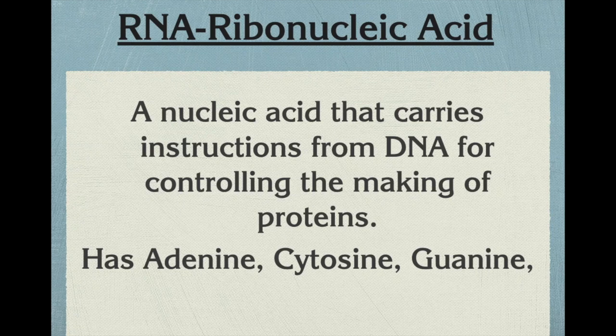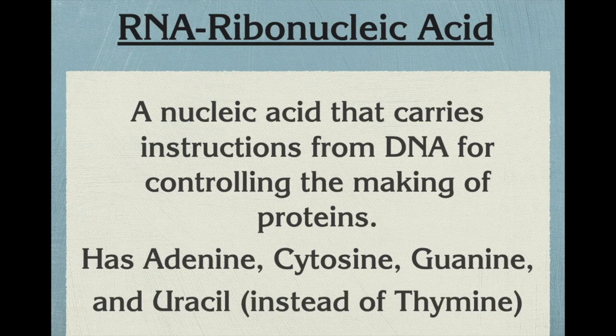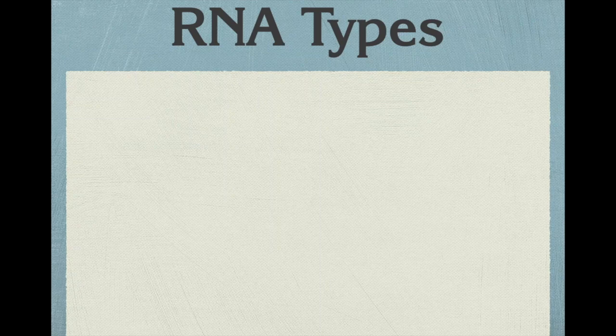RNA has base pairs just like DNA, but one of the base pairs is different. RNA does have adenine just like DNA does. It does have cytosine. It does have guanine, but RNA does not have thymine. RNA has uracil instead of thymine. So when it goes to bond or copy, in forming RNA, it will not have a thymine. It will have a uracil. And we'll do some practice with that later on to help you understand that more.